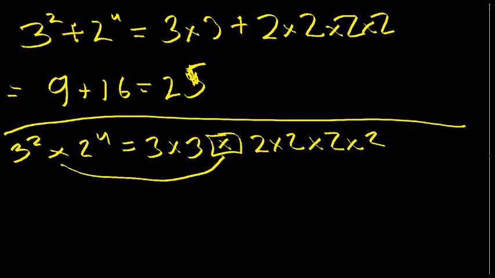So 3 times 3 would be 9, and 2 times 2 is 4, 4 times 2 is 8, 8 times 2 is 16. So we would just multiply 9 times 16 and get our answer. Basically, we write the exponent out and then solve it, whether it's multiplication, division, addition, or subtraction.